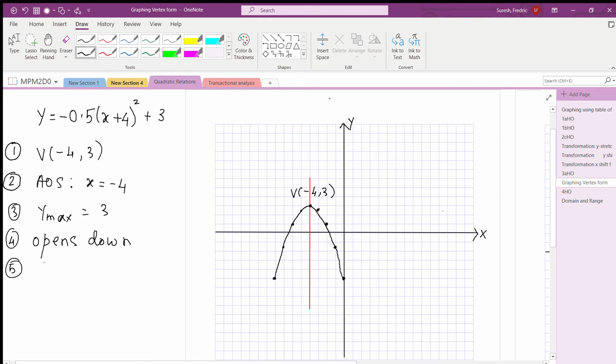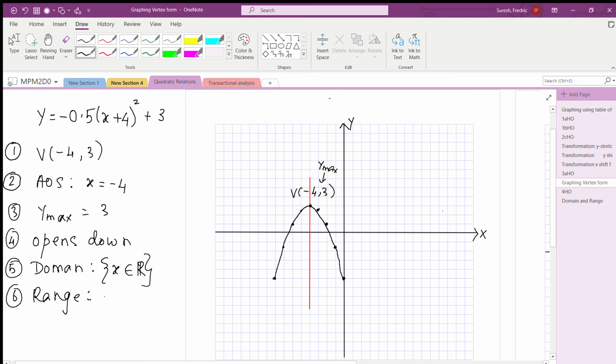Using the information that we learned from the previous video, we can talk about the domain and range. For parabolas, the domain is x belongs to real numbers. And the range: the max value here is 3, the y max, which means every other value on this parabola is going to be less than or equal to that.